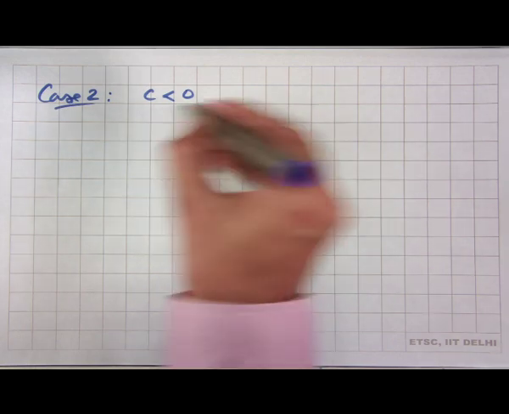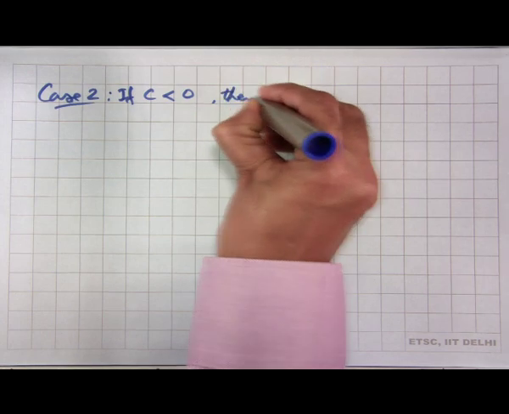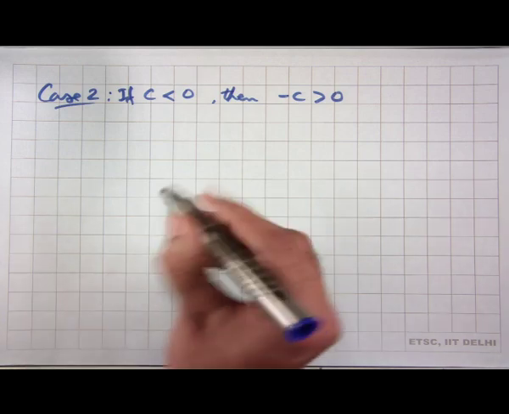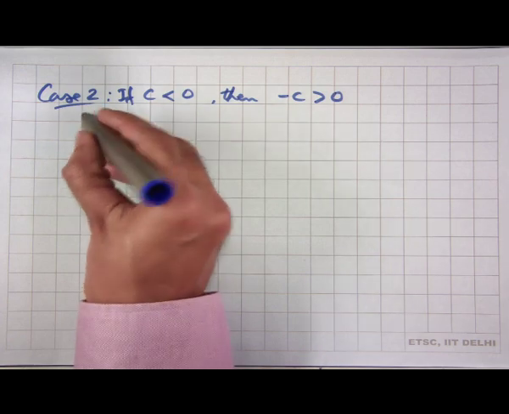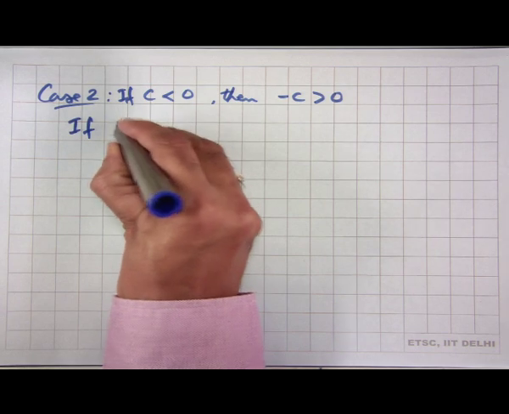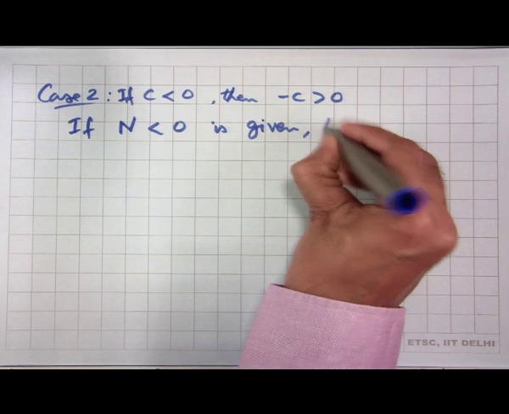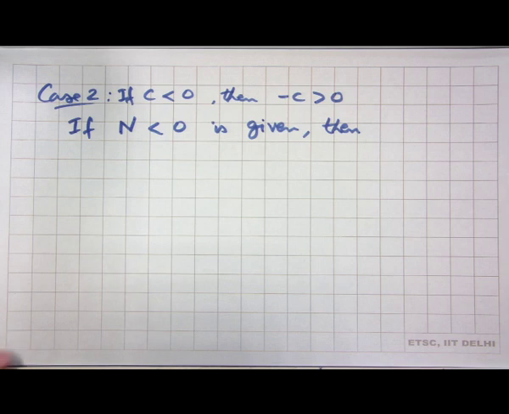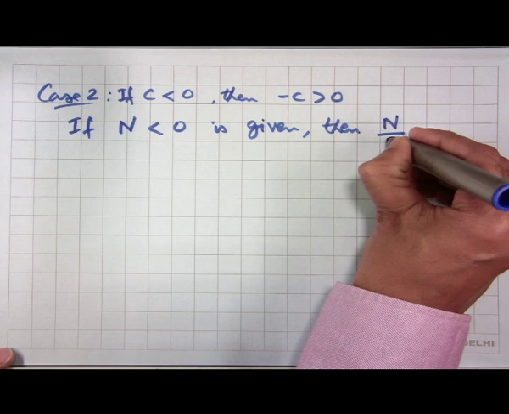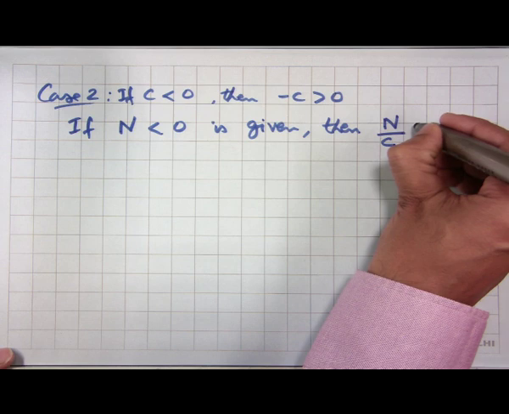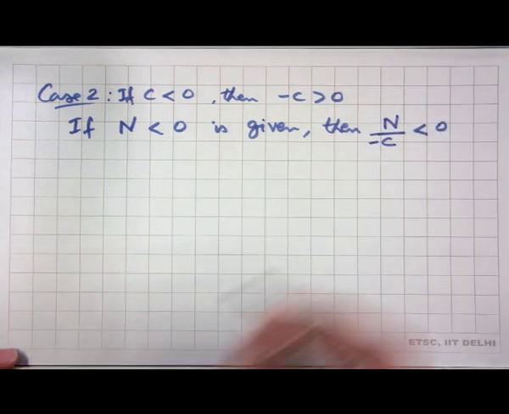So, then minus c becomes positive, and therefore, if we have n less than 0 is given, then if I write n by minus c, this is again negative because n is negative and minus c is positive.